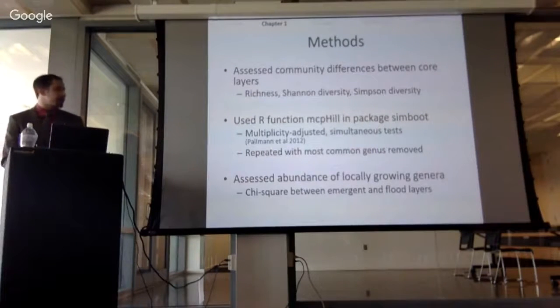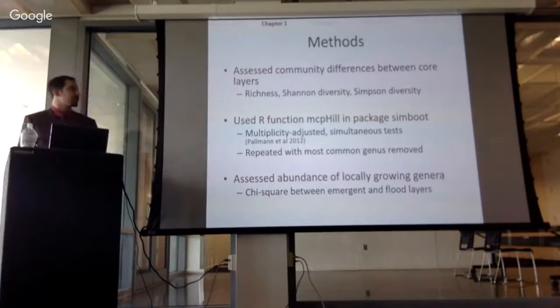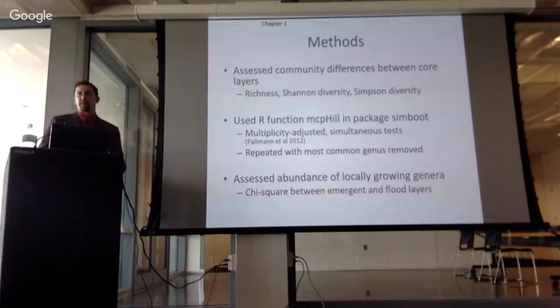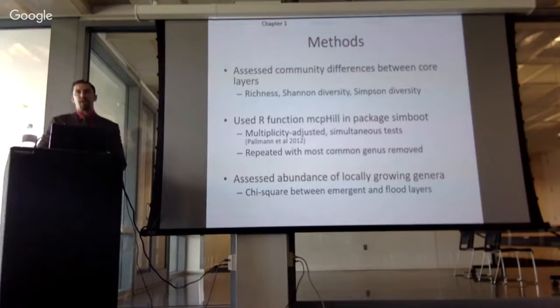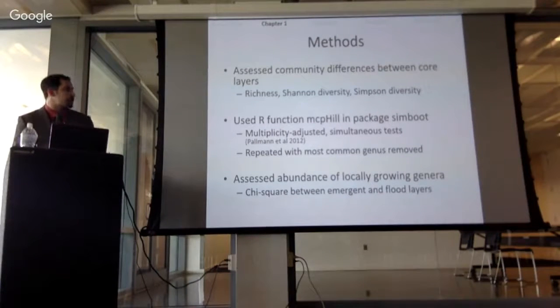To test for differences between the flood and emergent layer seed communities, I looked at a series of descriptions of biodiversity: richness, Shannon and Simpson levels. Those are all based on the same underlying mathematical equation, but they differ in their sensitivity to either rare or common species.